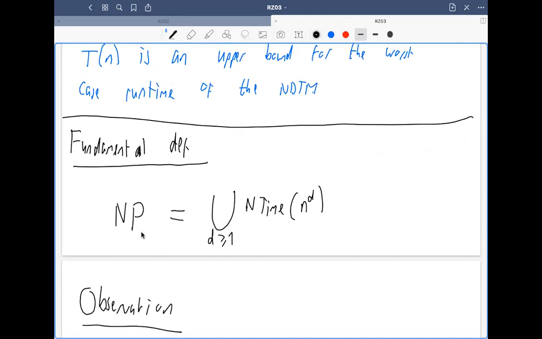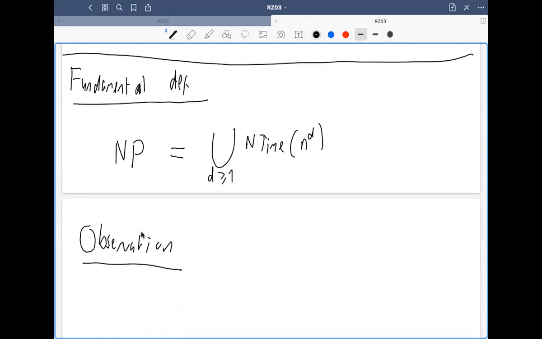Similarly, NP is a set of sets of words, a collection of languages. And the observation is that every language that's in P is also in NP. So the class of languages NP is larger than the class of languages P. Every problem that is deterministic polynomial time decidable is non-deterministic polynomial time decidable.